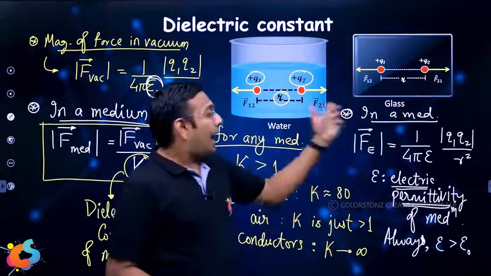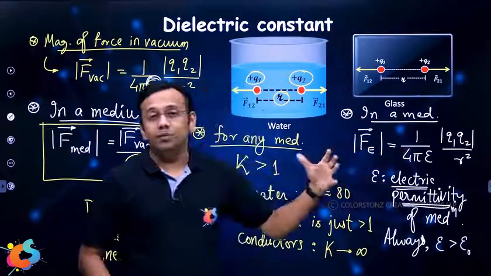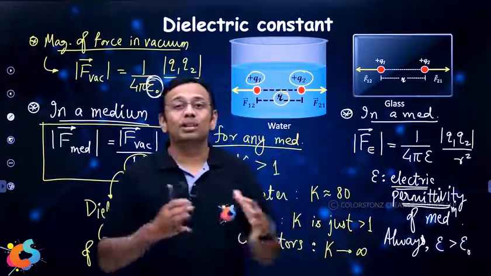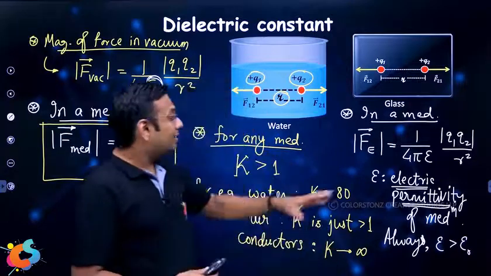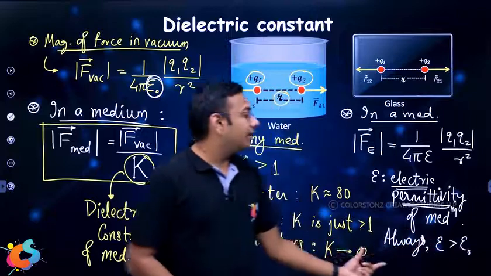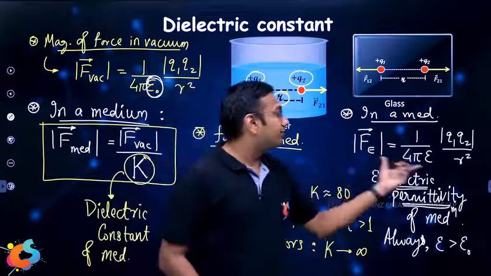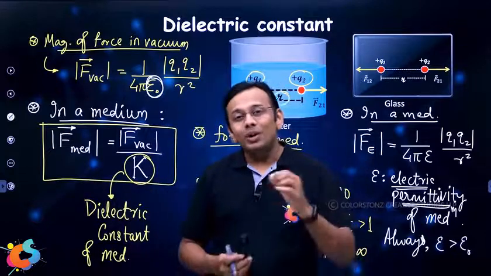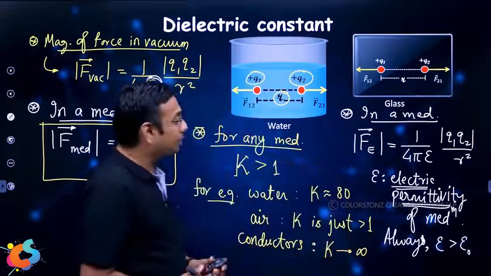So higher the permittivity, lower is the force. That means it does not permit the force to pass through it that much. That is the importance of electric permittivity. So epsilon will always be greater than epsilon naught, and that is why the force will always be lesser compared to the vacuum case. We can introduce one more term here.